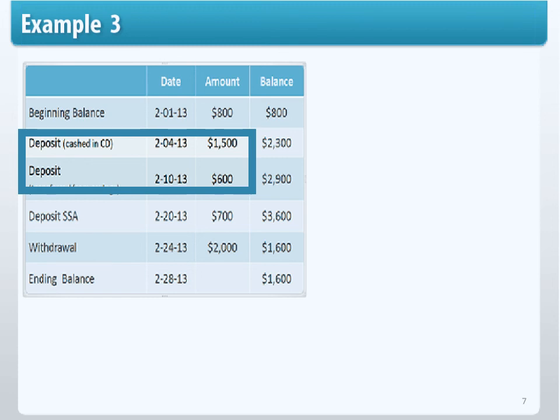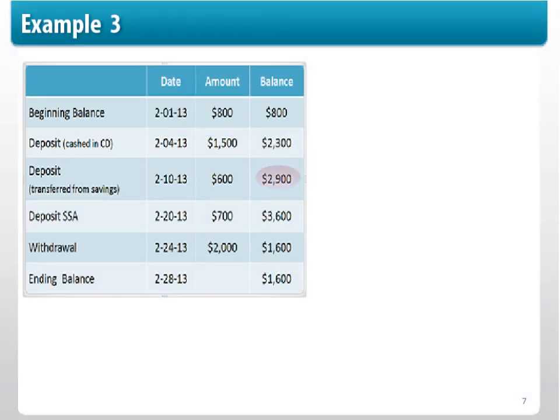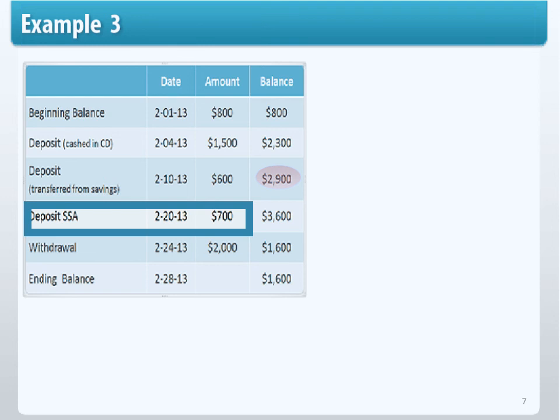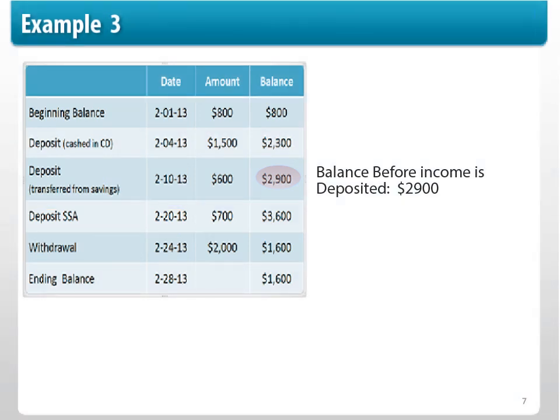That increased our running balance to $2,900 for the account. Notice that SSA income is deposited on 2/20 for $700. So we can now determine what is the balance before income was deposited. In this case, the balance before income was deposited is $2,900.